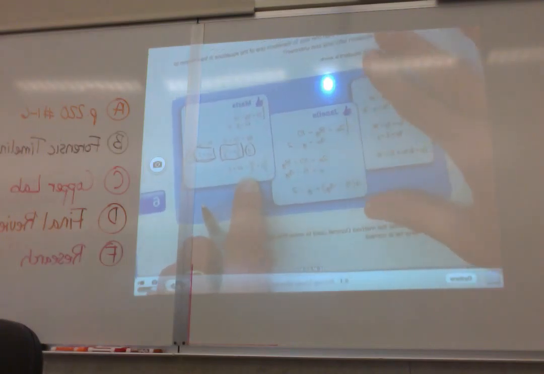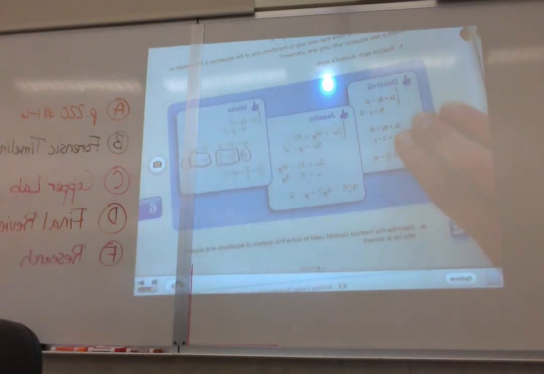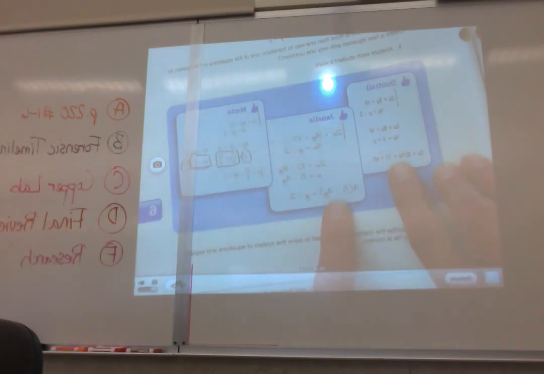Yeah. Now, if you have equations that are easy to put into y equals form, that's what we've done. We've put them into y equals form, and then sometimes we put them into the calculator and graphed them. Other times we set them equal to each other. Now look at what Dontrell and Janelle did. They did something different. Instead of y equals, what do you see? They said x equals something, and then they plugged that in for wherever x was, or vice versa, wherever y was, like in Dontrell's.